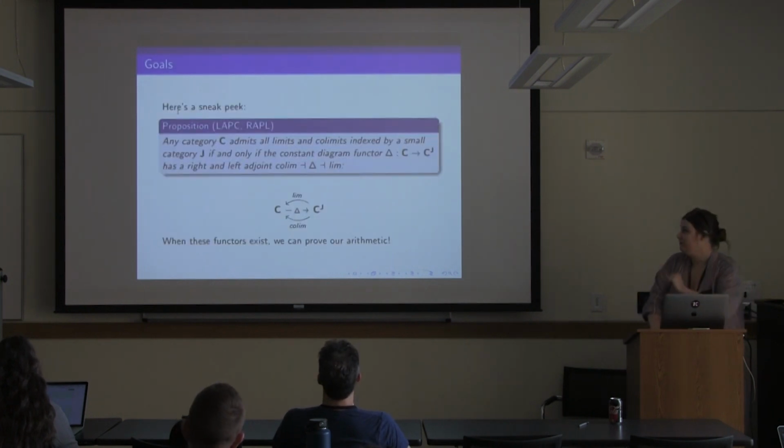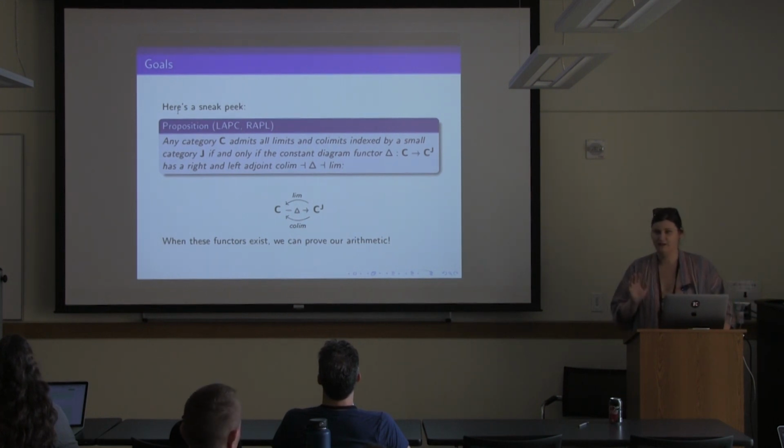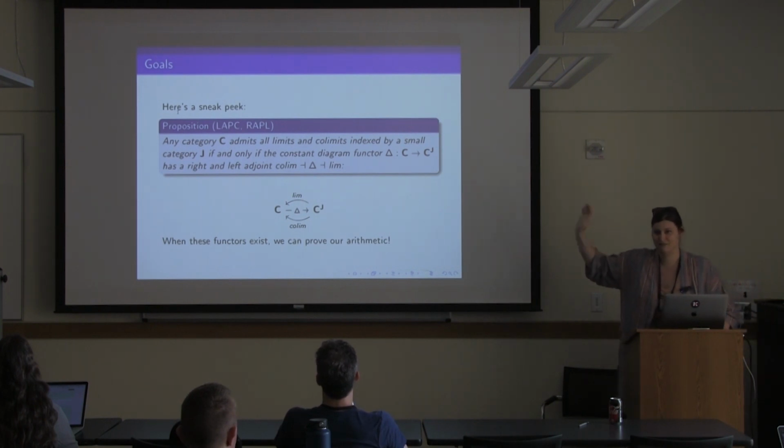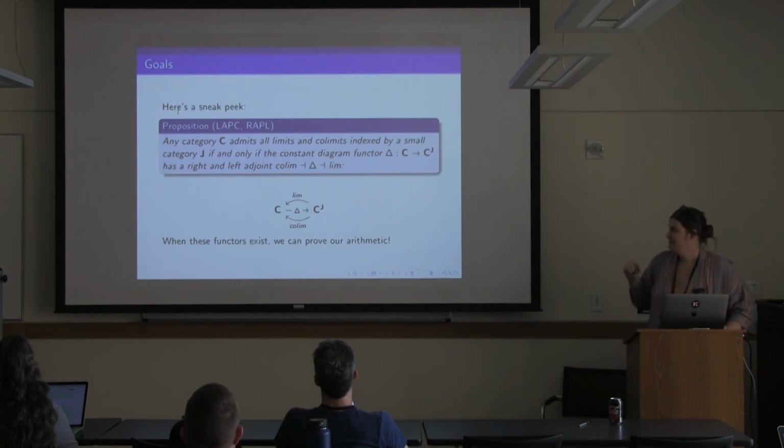Now, here's a sneak peek of where we're going to go with this, right? This is going to be our main theorem for understanding adjunctions, and especially the universal properties that we understand in Haskell pretty much every day, as just applications of this theorem, which we'll get to.